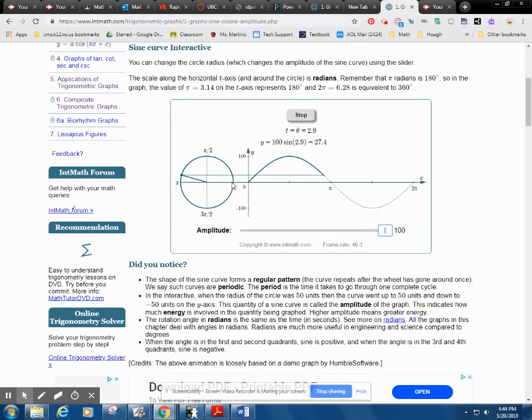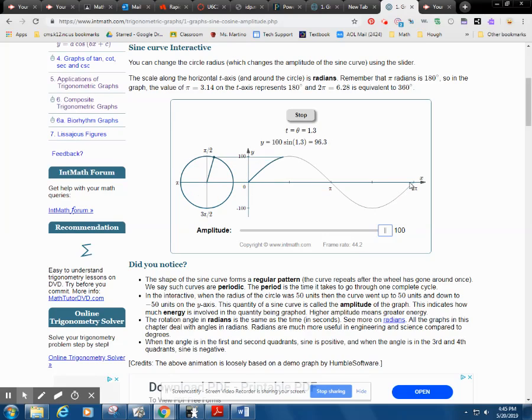So if it's a radius of 100, we start at 0, 100, 0, -100, 0, 100, 0, -100. On the graph here, it goes 0, 100, 0, -100, back to 0.